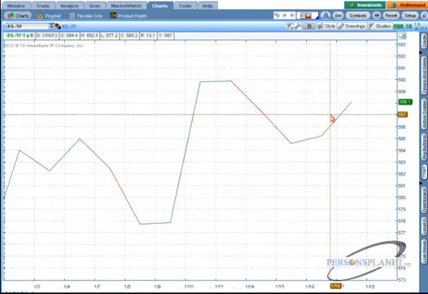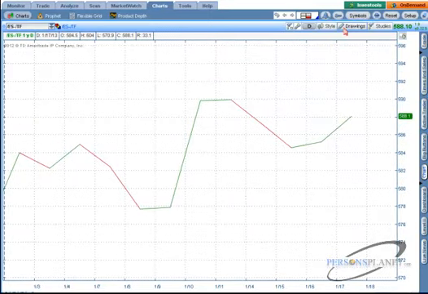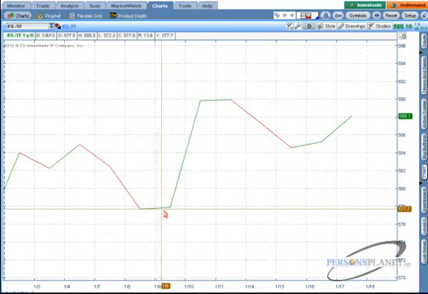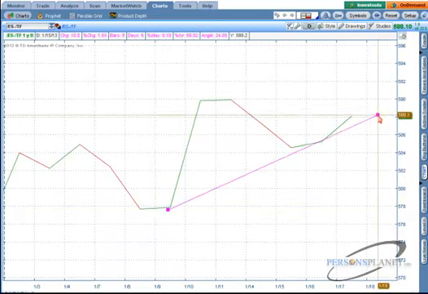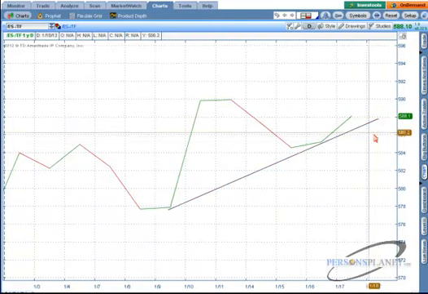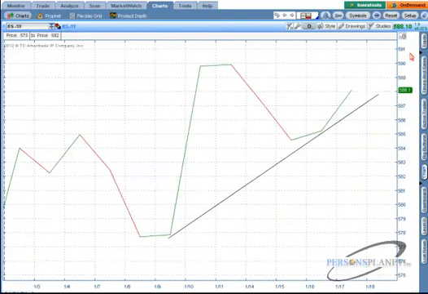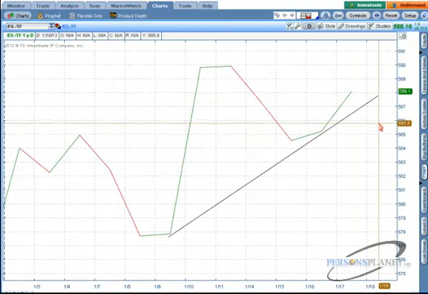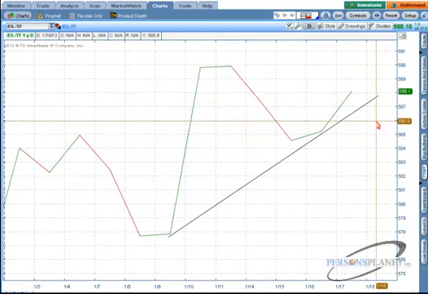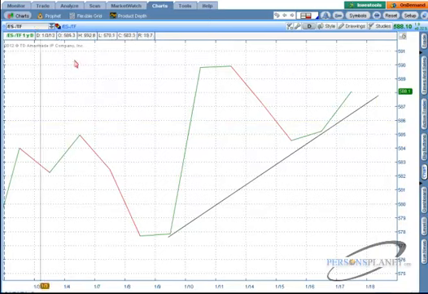So in this time frame, if we start to break the trend line, that would be an indication that the S&Ps are no longer outperforming the Russell.